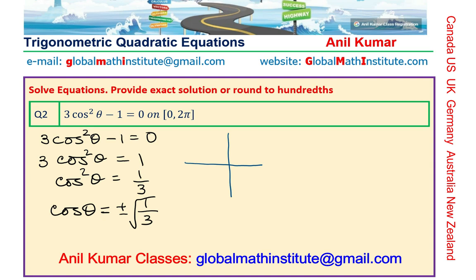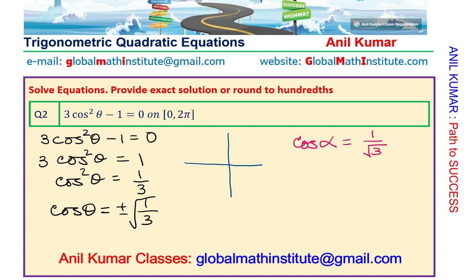Let me write cos of alpha, where alpha is the related acute angle, equals 1 over square root 3. So we want shift cos inverse of 1 divided by square root 3.